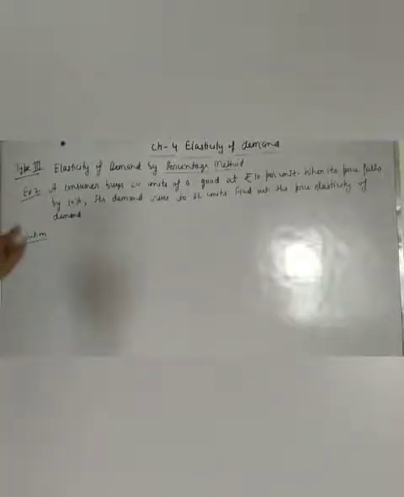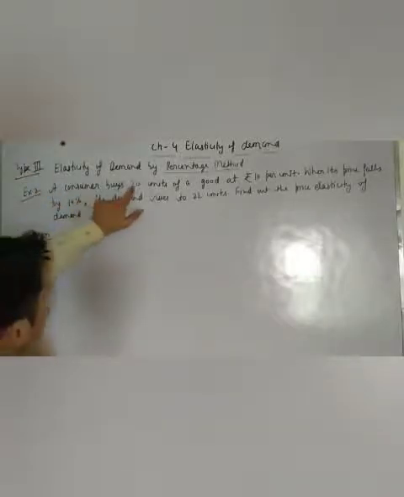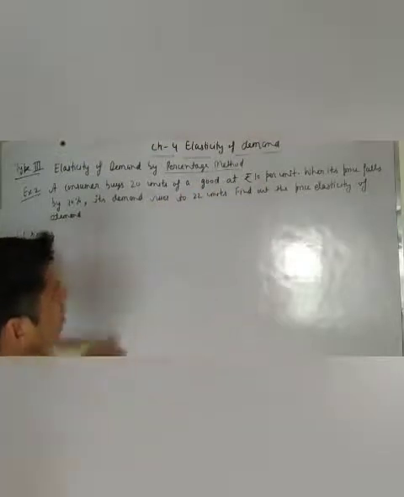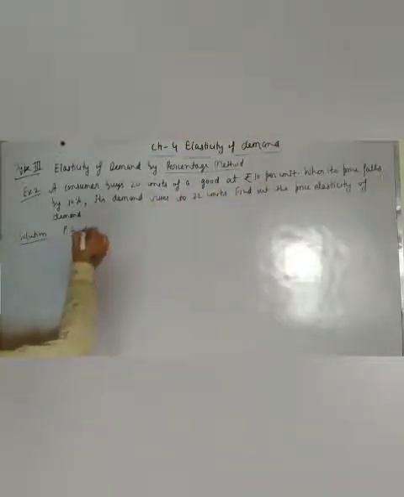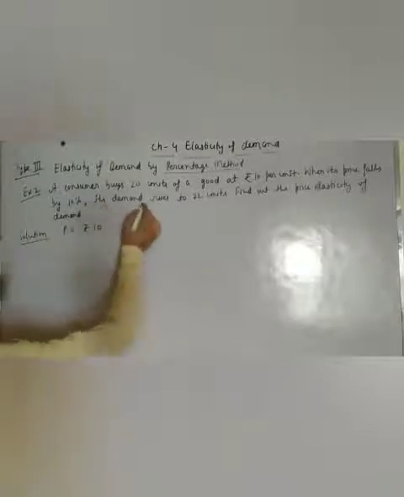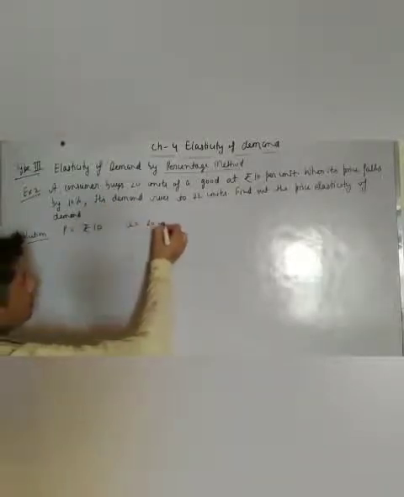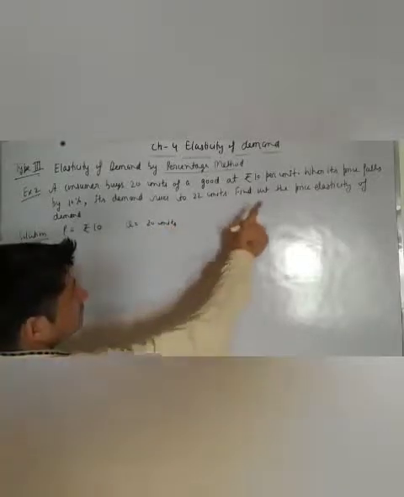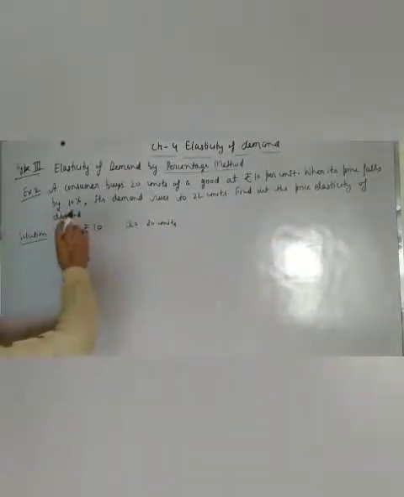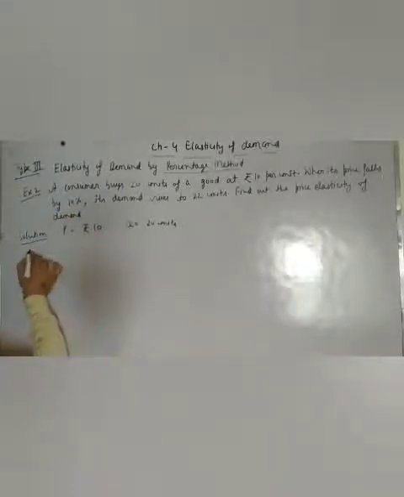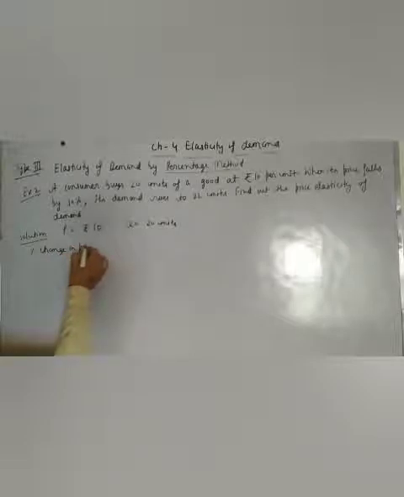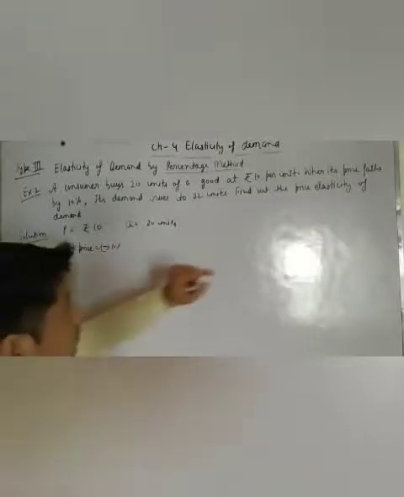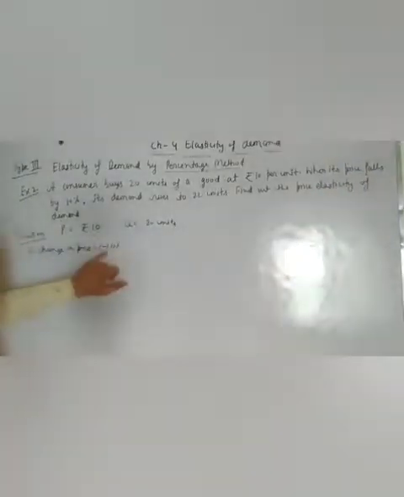See, next example, example number 2. A consumer buys 20 units of a good at rupee 10 per unit. Means initial price rupee 10 and initial quantity 20 units. See, after this, when its price falls by 10%, percentage change in price is given: minus 10%, because price falls represent minus sign.